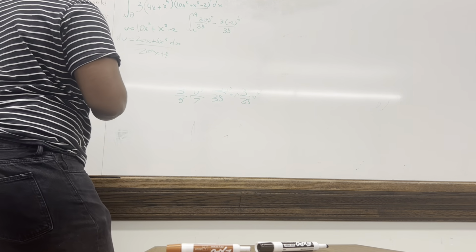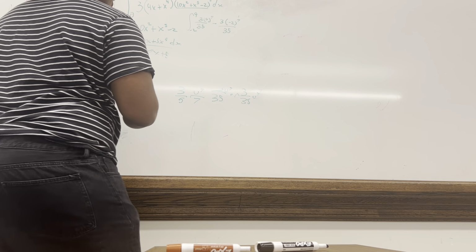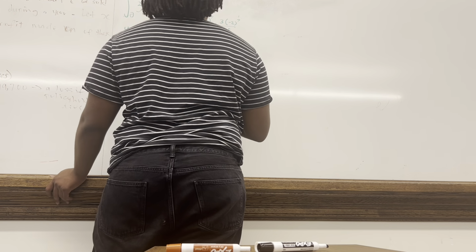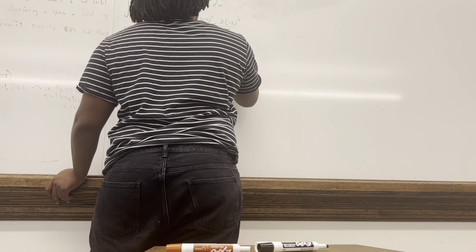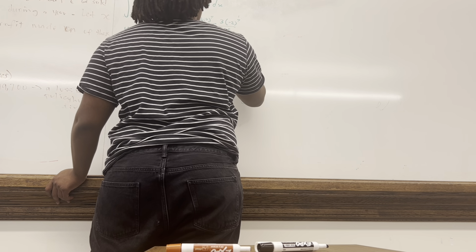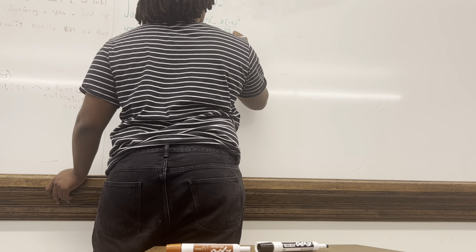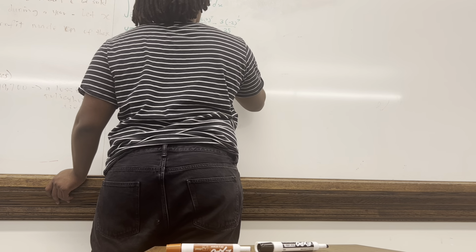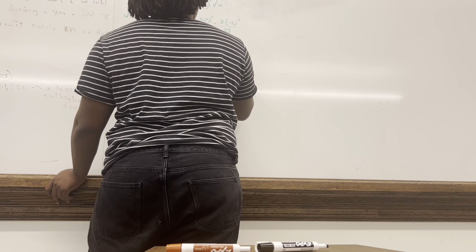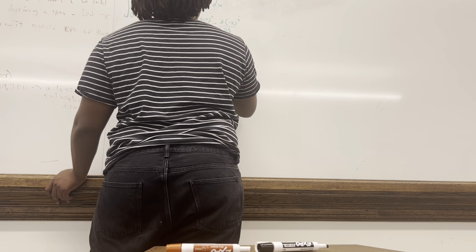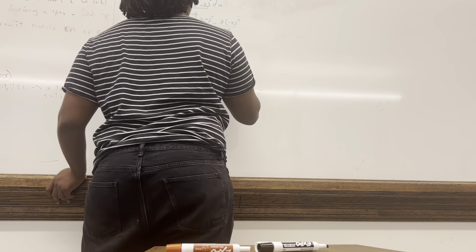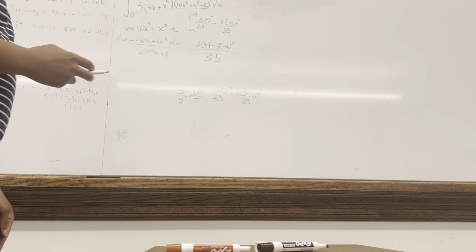And I'm not going to fully solve this because I don't have a calculator, and there's some pretty big exponents here. It's just going to be 3 times 9 to the 7 minus 3 times minus 2 to the 7, divided by 35. And for now, that's the final answer.